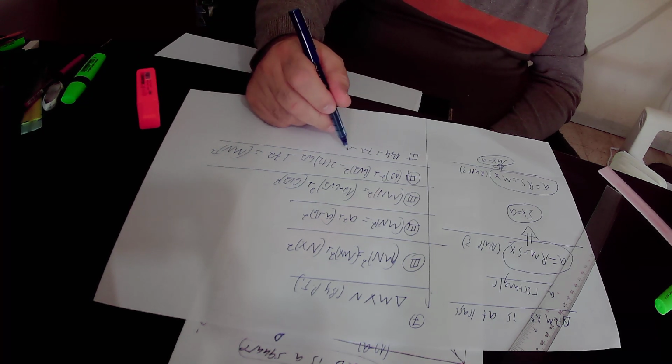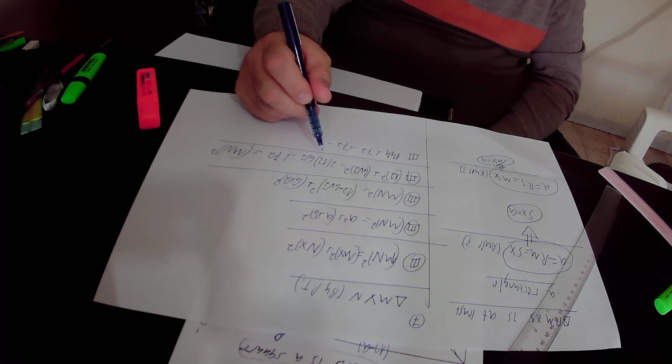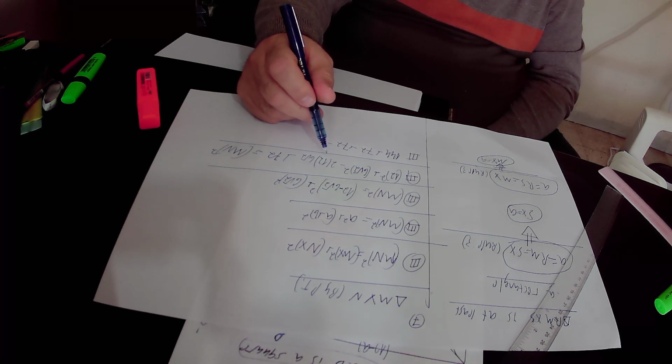Plus 72, minus 12. 6 times 2 is 12, 12 times 12 is 144.